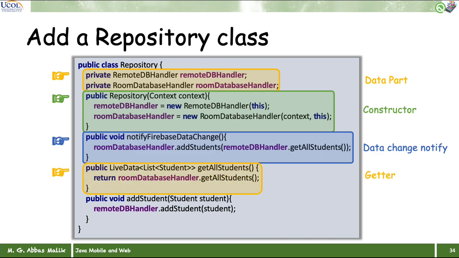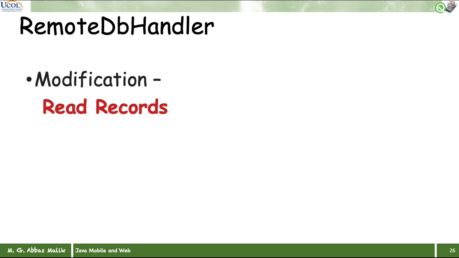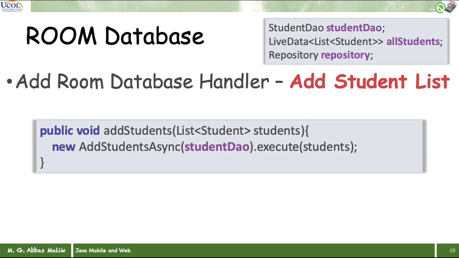We also have a getter method which will help us get the student records from our room database handler, which is a live list of the students. Remember that. Let me quickly show you in our room database handler.